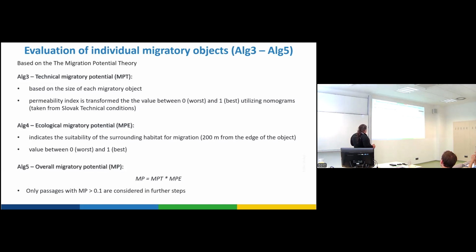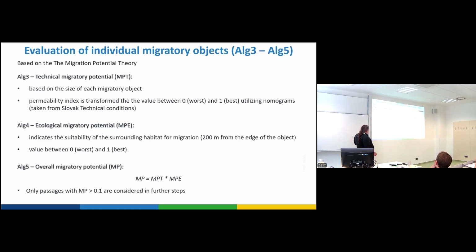Then you have the ecological migratory potential. Also a number from 0 to 1, it indicates the suitability of the surrounding of the object. We calculate from 200 meters around the object, whether it is in the forest, in the field, or near an urban place. If the value is near 0, the surrounding is not good.